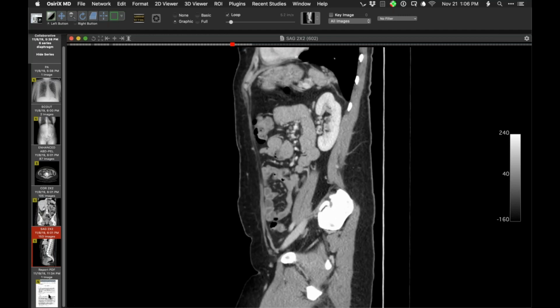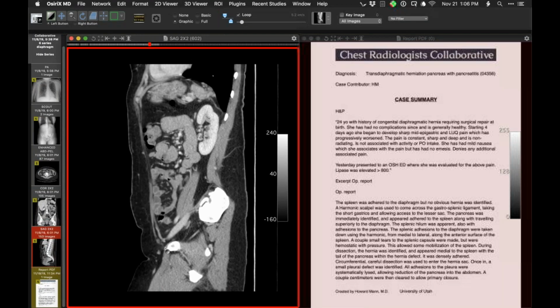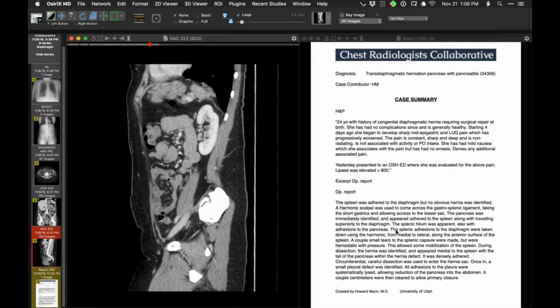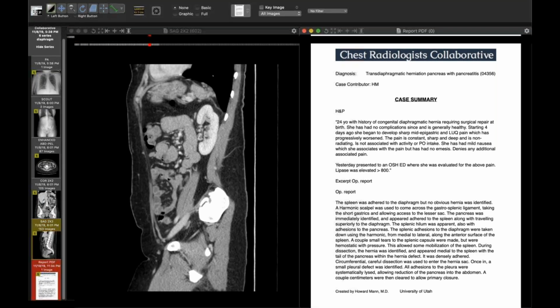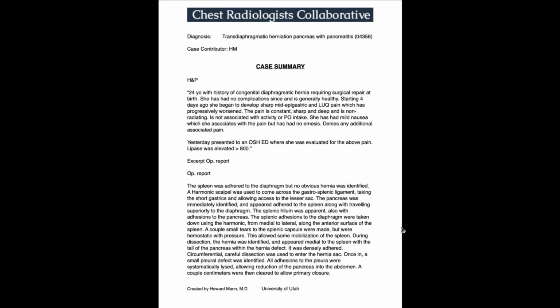So here is the clinical context as well as additional information. She has a history of a congenital diaphragmatic hernia in childhood. No complications since then, presented with the pain as I described. Here you can see the op report, how they identified the pancreas and the small defect there, and how they basically fixed that.